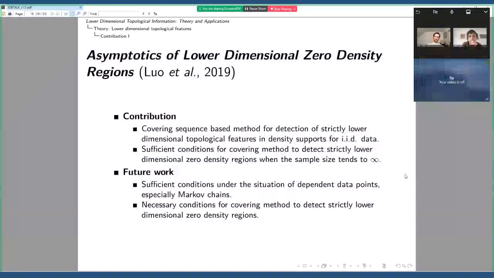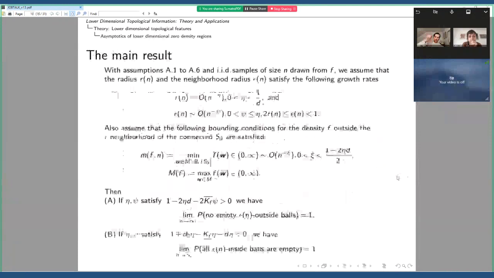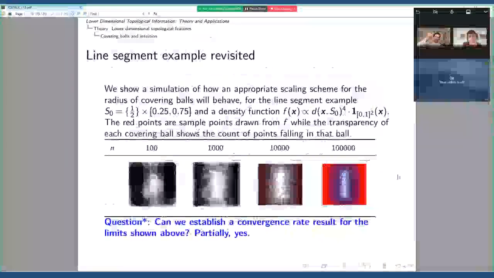But in your line example, the line was sort of, you surrounded the line by an epsilon ball, essentially where you expect to sample a few points. If you did sample a point in there, is it correct to say that you might get the homotopy type of the density zero region? You might say there's a hole in it, even though there's not.